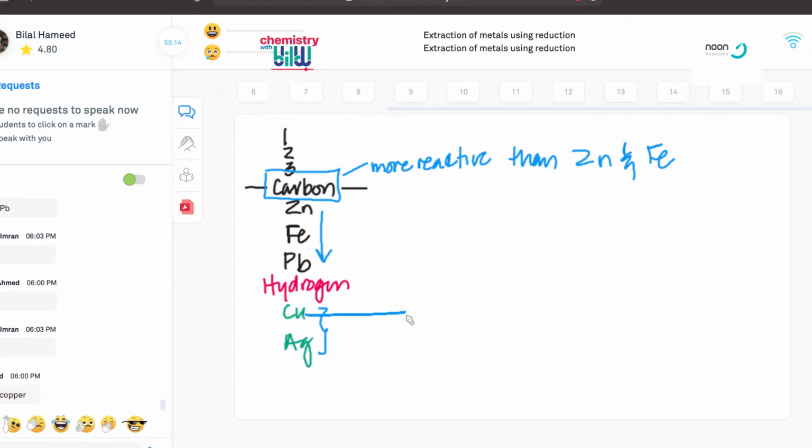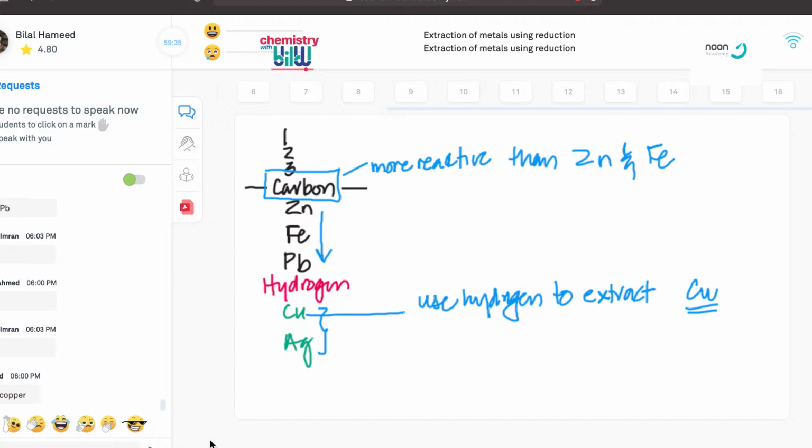But when I come to copper, carbon isn't the only thing that's more reactive than copper. Even hydrogen is more reactive than copper. So we use hydrogen, you can extract copper from it.